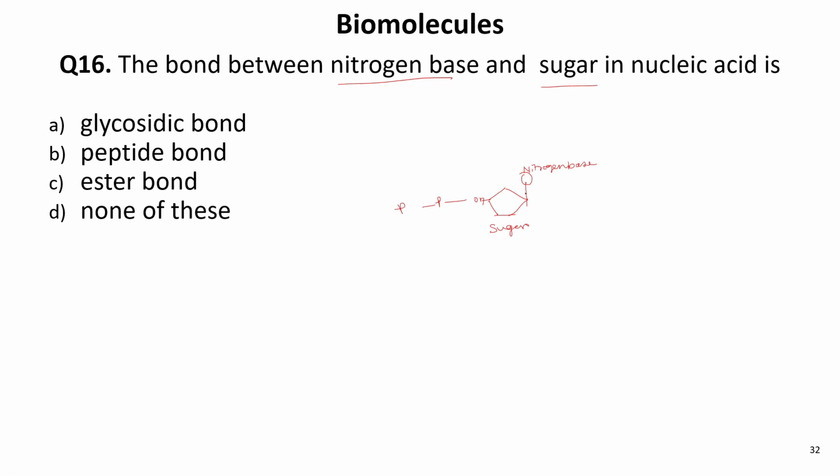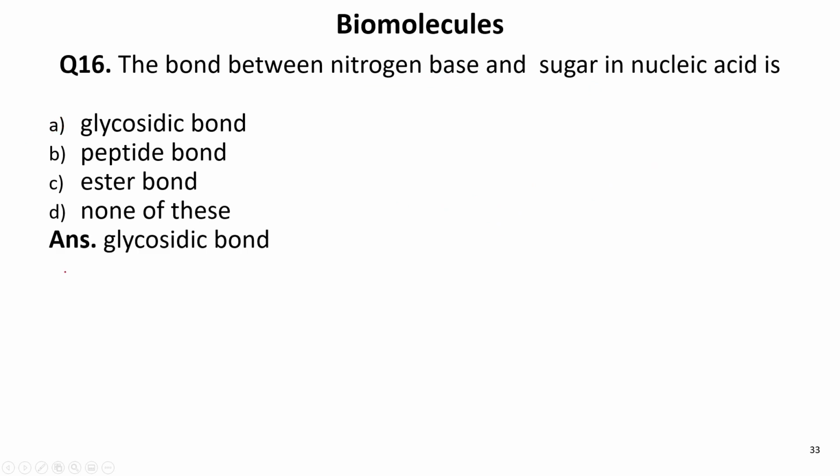So this bond is a glycosidic bond. In this question, the bond between the nitrogen base and sugar in the nucleic acid or the nucleotide is a glycosidic bond. So the first option, glycosidic bond, is correct.